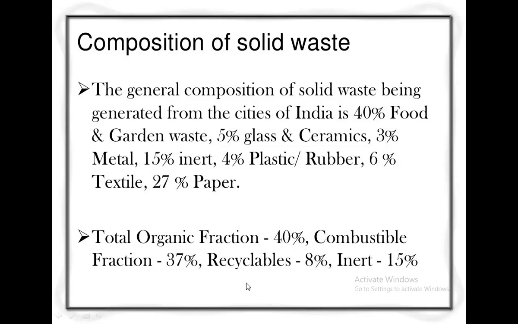This is the distribution of the solid waste in percentage. Food and garden waste is the highest, 40%. Then paper, the waste of newspapers or any papers, notebooks, that we use daily, 27%.